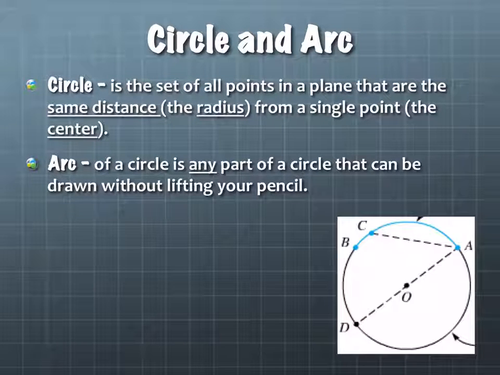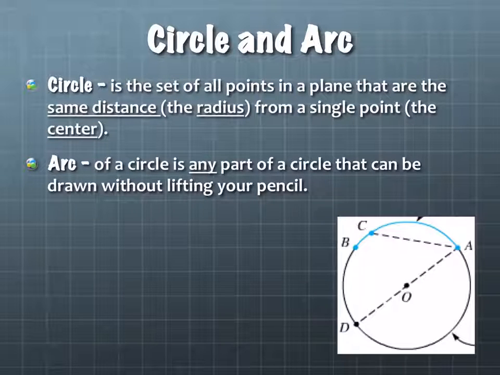You take the point O and go out anywhere on the circle and you've got a radius. But there are 2 radii on this diagram. What are they? DO and OA, or OD and AO or OA. Each one is a radius. They are radii of the circle O.